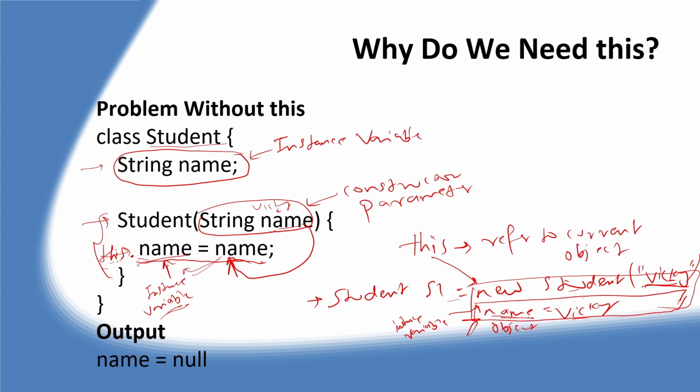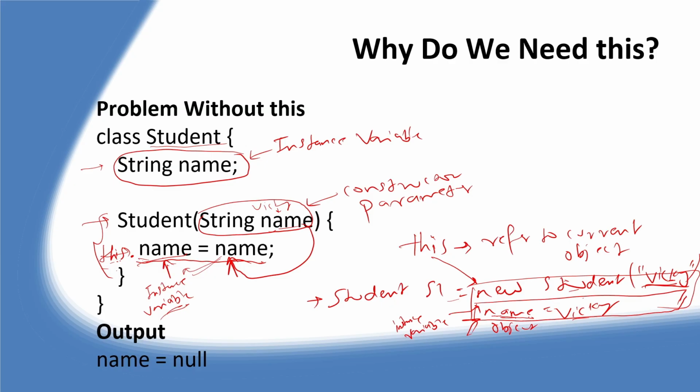I hope it is clear. So by writing this dot name, we are referring to the instance variable of the current object. The value from the constructor parameter is correctly assigned to the object's field.